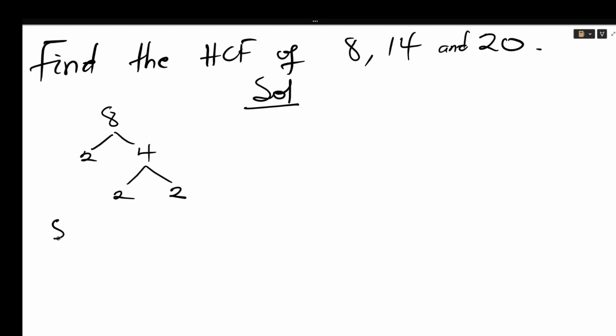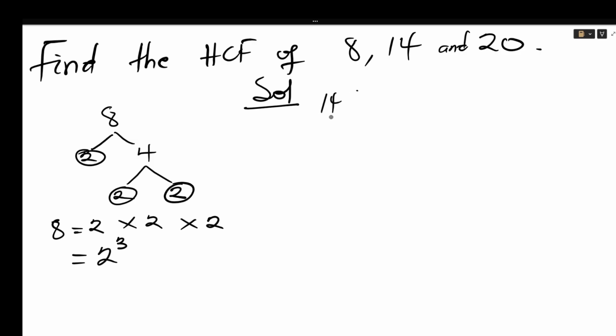So 8 is 2 times 2 times 2. I encourage you to rewatch the video on the prime factor tree if you've forgotten the steps. Or for new viewers, you can visit that lesson on how to express a number as a product of its prime.